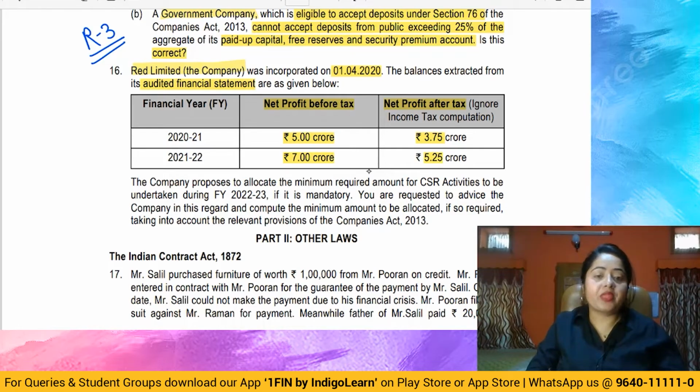The company proposes to allocate the minimum required amount for CSR activities during the financial year 22-23 if it is mandatory. You are requested to advise the company in this regard and compute the minimum amount allocated as per the Companies Act. Okay, so here we are talking about CSR, section 135.